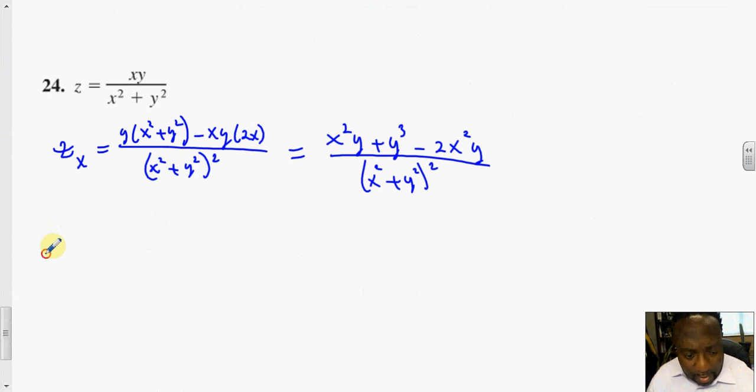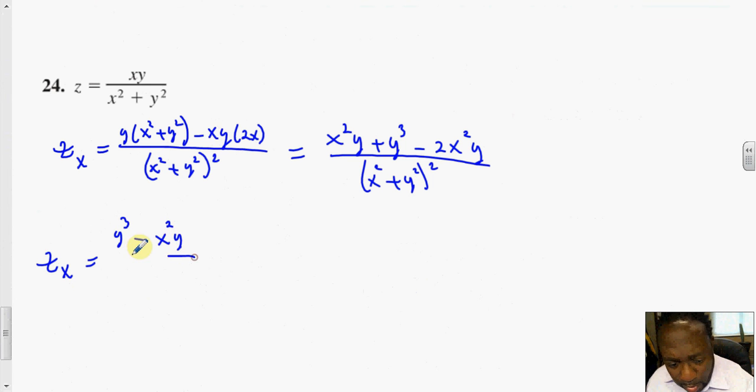And we simplify this, the partial of z with respect to x. We'll just write the y cubed first, since the coefficient is positive, and this is minus x squared y all over x squared plus y squared, quantity squared.